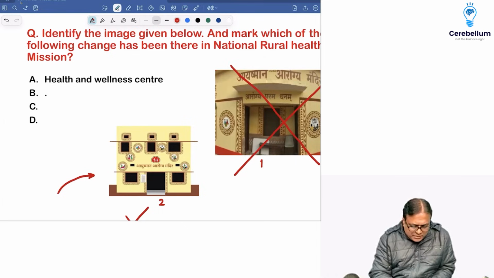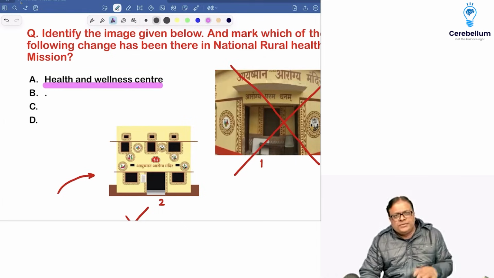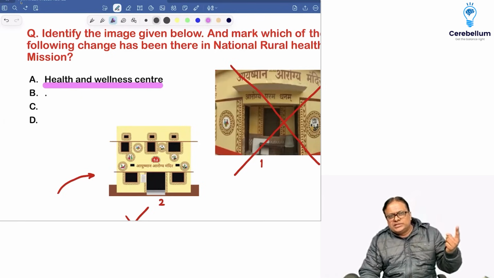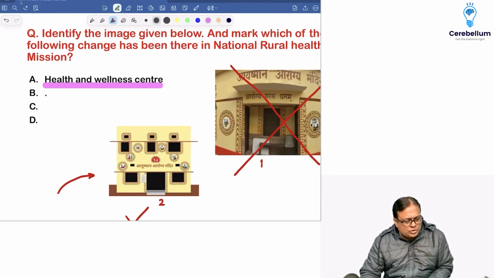They asked the other name. The other name is Health and Wellness Center, as we have discussed in the classes. Last time also in your exam, there was a question that Ayushman Arogya Mandir does not provide services related to laundry. Other health, diagnosis, treatment related services, essential drugs, everything is available at Ayushman Arogya Mandir.